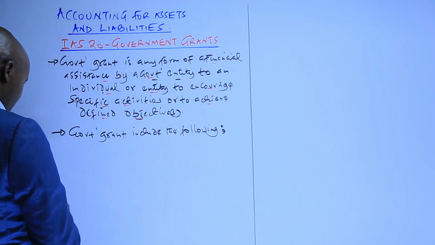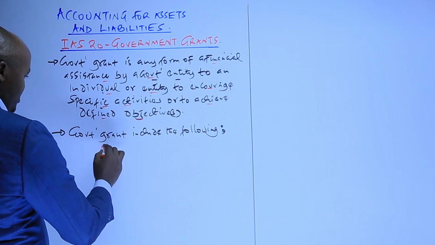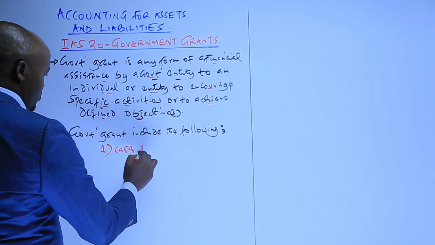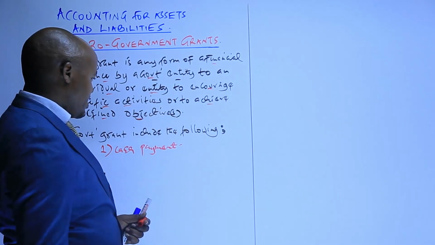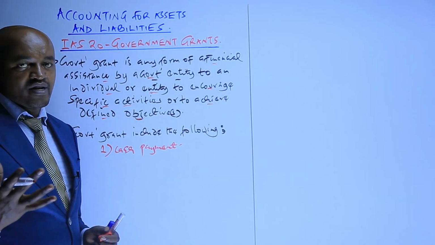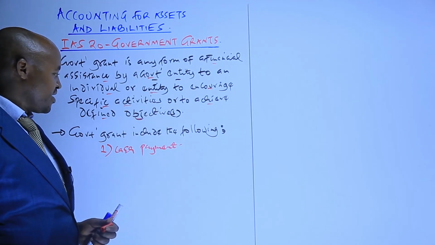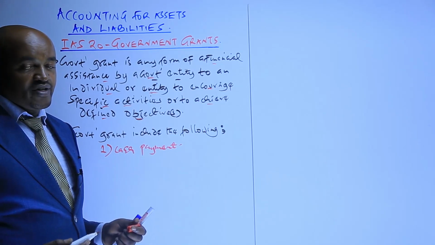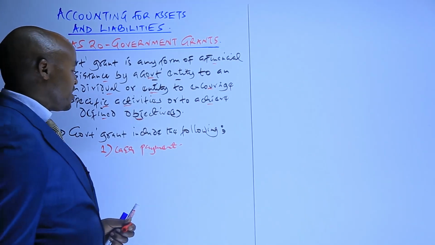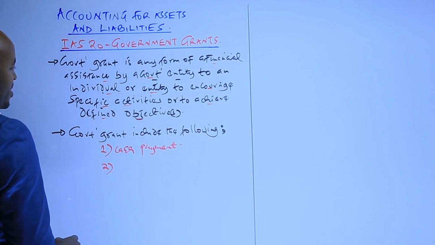Number one, the government grant can be in form of cash payment, whereby an individual or even an organization will receive a government grant in form of cash, maybe for that organization or individual to undertake a certain activity which by the end of the day will benefit the society, or basically the members of the public.